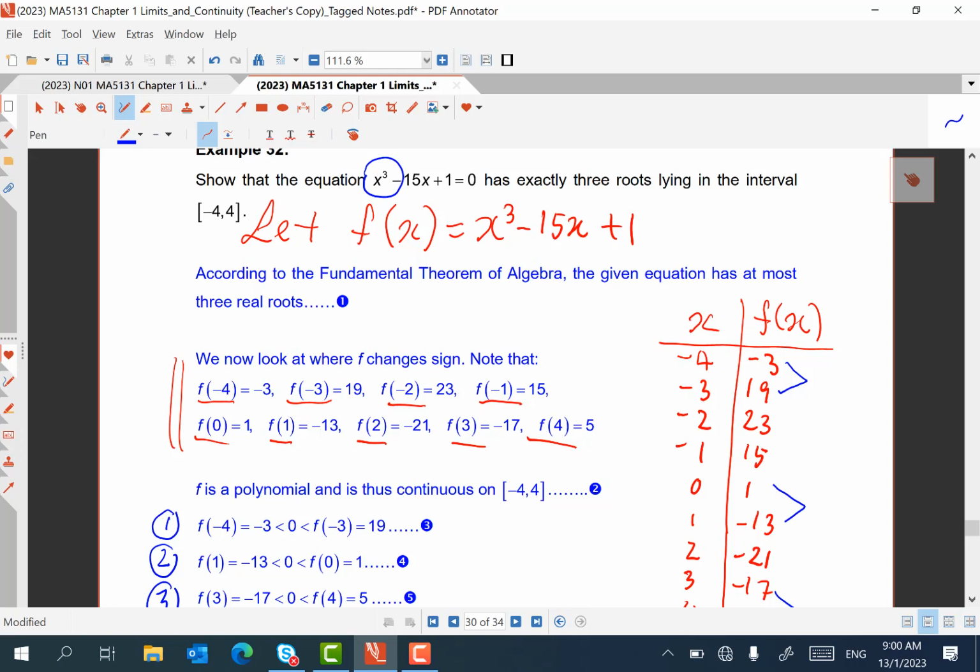And Jingwen, what are real numbers? Zoe, you're telling your friend real numbers. What are real numbers, Zoe?